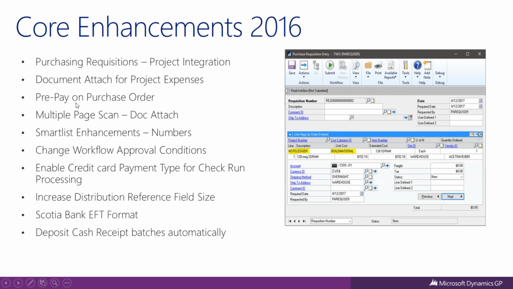Multiple page scan for doc attach. With 2015, doc attach allowed us to scan documents, including the AP transaction, but we couldn't scan multiple documents with it. And 2016, they've allowed us to do multiple page scanning and attaching that document to a voucher, for instance.